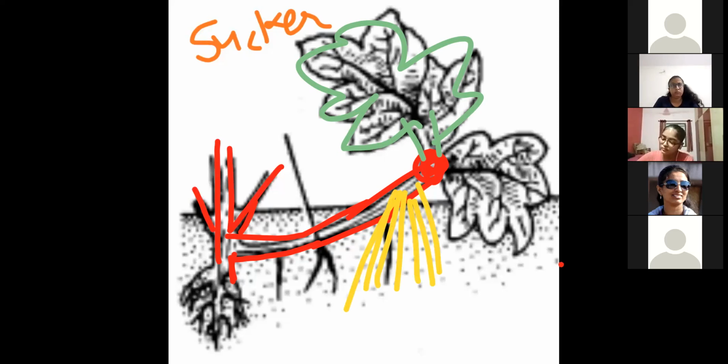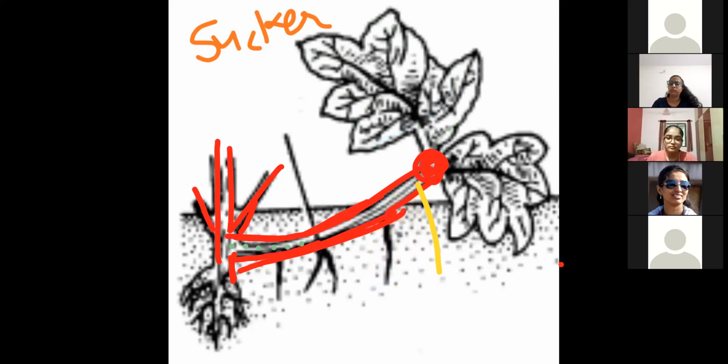So initially, actually it's a branch, an underground stem branch, right? So it takes the nourishment, and gradually the root system and shoot system are developed. Yes or no? It will not be formed already. First it should grow horizontally, obliquely, and come outside, and gradually on that the leaf formation and then root formation begins.